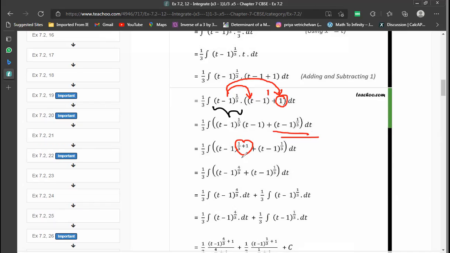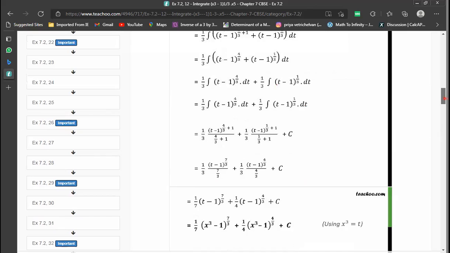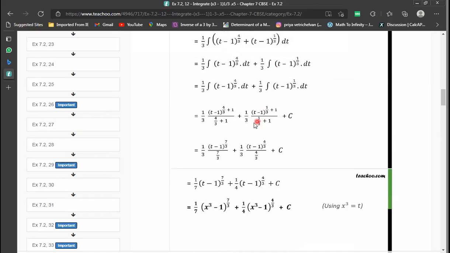And when you integrate this, before integration, they have taken LCM here. 1 by 3 plus 1 can be written as 4 by 3. And when you integrate by using the power rule, it will become t minus 1 whole power 4 by 3 plus 1 upon 4 by 3 plus 1. And this 1 by 3 will be 1 by 3 plus 1 upon 1 by 3 plus 1.